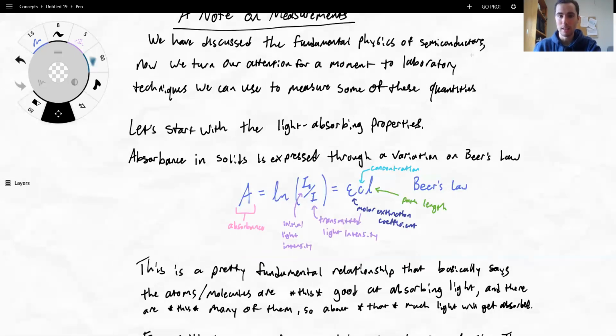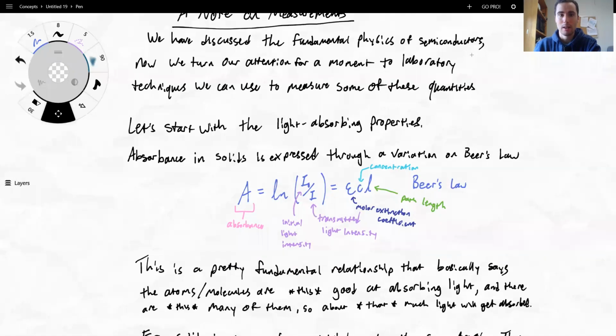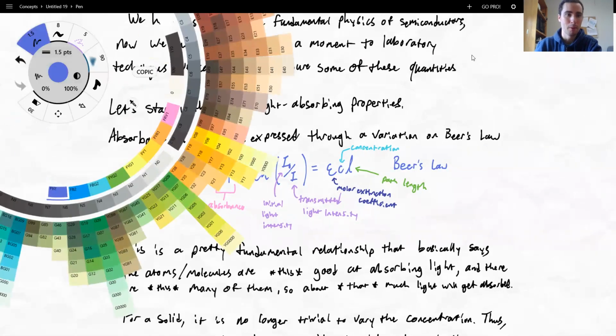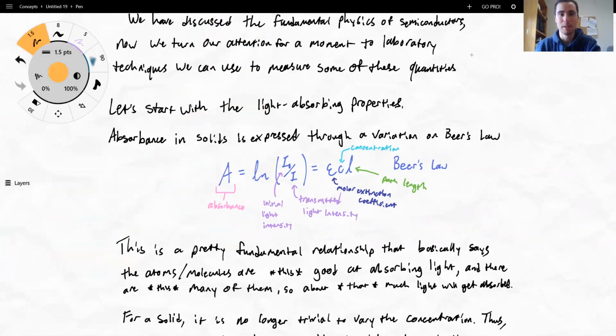So absorbance in a solid is expressed basically the same as what you would expect for Beer's law, right? So you probably remember from intro chemistry that you have this relationship of absorbance to the natural log of the transmittance, or the incident versus the initial light intensity.